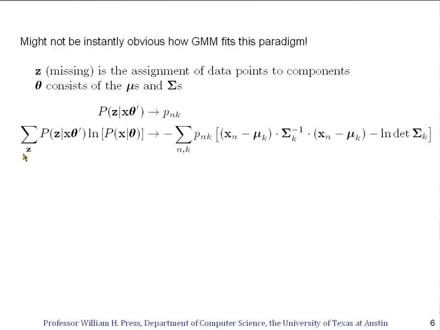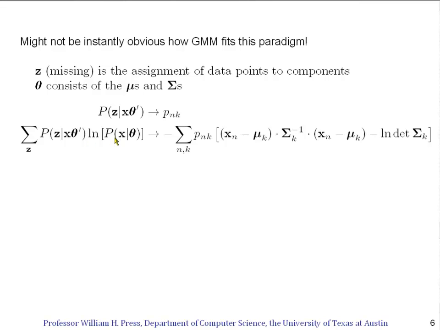This is the expectation piece of the E step, and then this is the thing we're trying to take the expectation of. This is an example where the extra term inside the log, which was a probability of z, now a probability of assignment, can have a prior which is uniform. Therefore, we don't have to put anything extra in here for its prior.